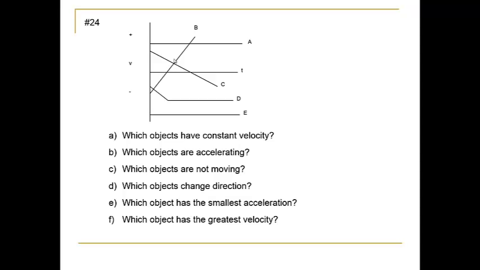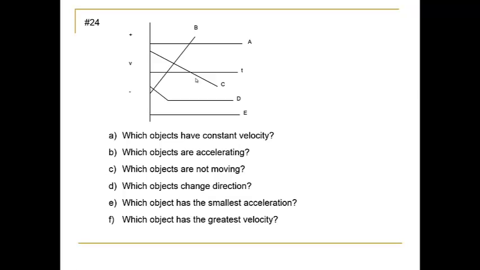It would be B, C, and part of D. Okay, so D is accelerating in this beginning section. It's changing its velocity at the beginning, and then it changes to a constant. Okay, B changing its velocity the entire time, C changing its velocity the entire time.